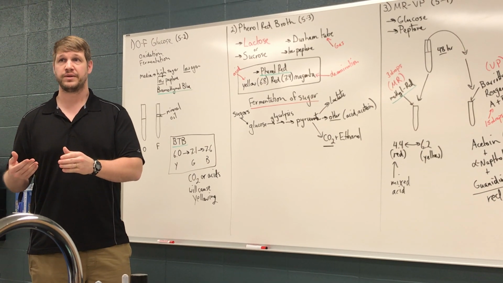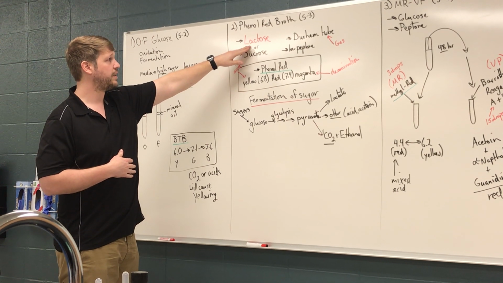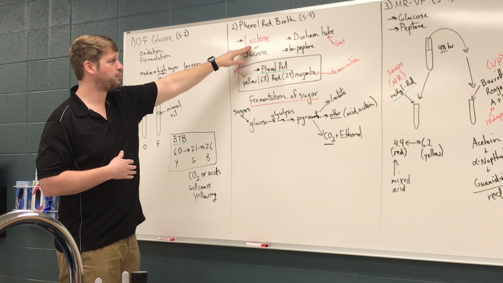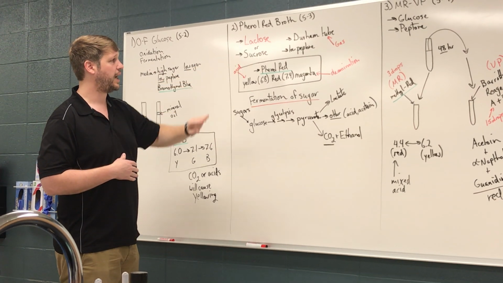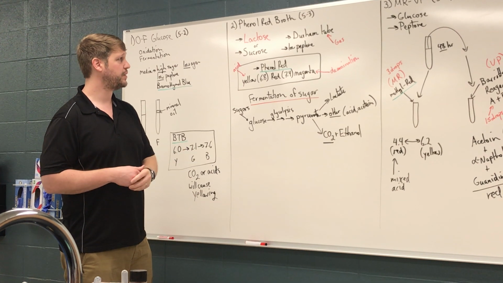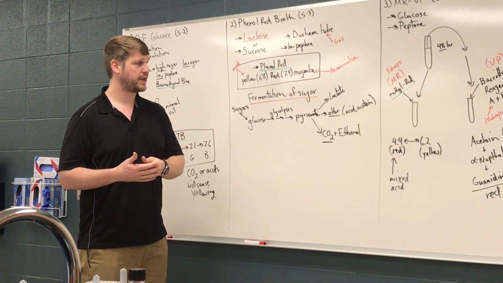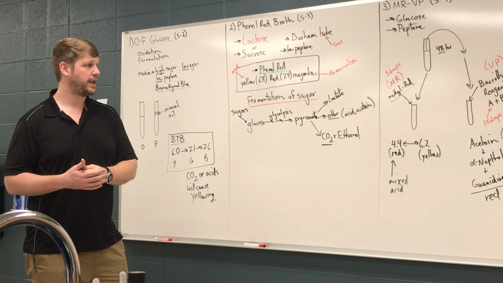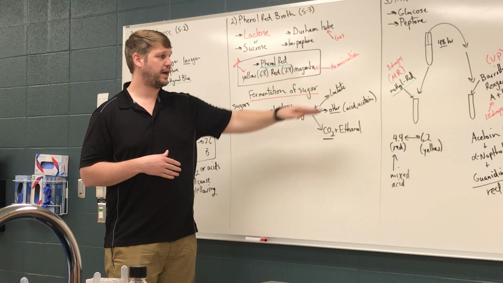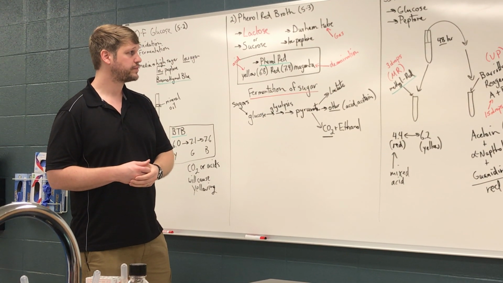If they can use lactose, then the phenol red broth with lactose will change color in response to the utilization of that lactose if they're producing either carbon dioxide or an organic acid of some sort, like lactic acid or acetic acid.